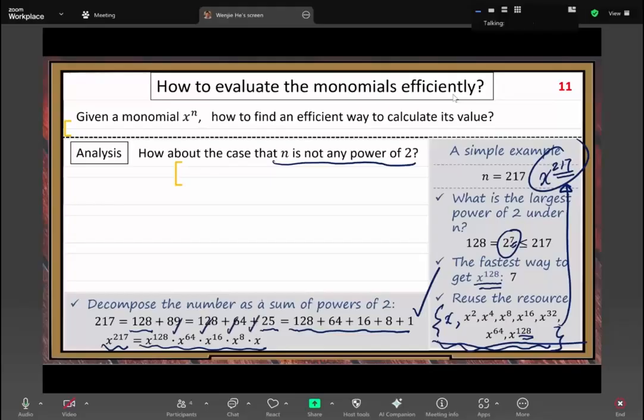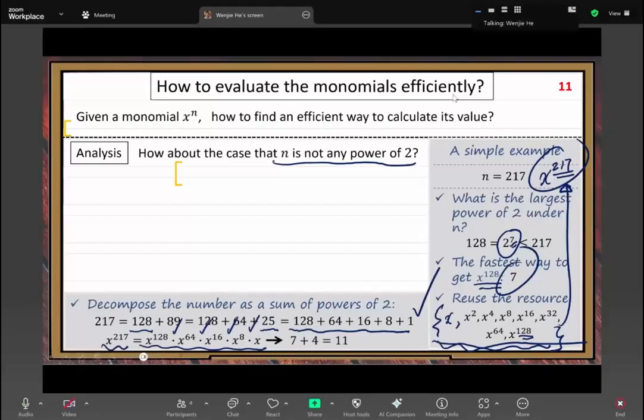After you get your resource numbers, you still need 4 more multiplications. But to get all your resource numbers, you need 7 multiplications in your preparation step. So the total number of multiplications you need here is 7 plus 4 equals 11.